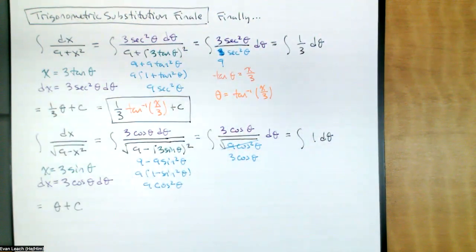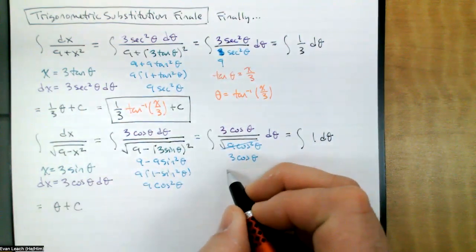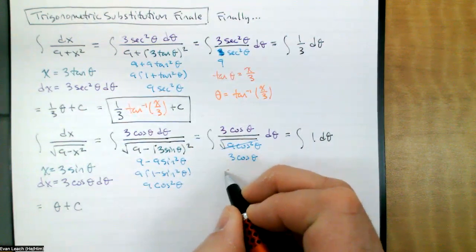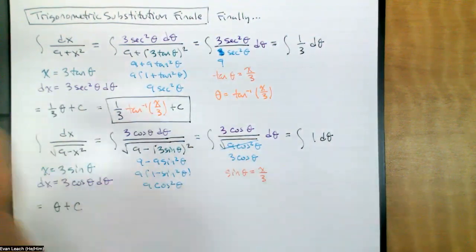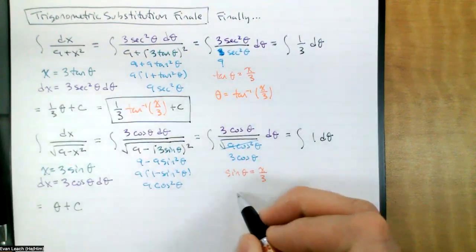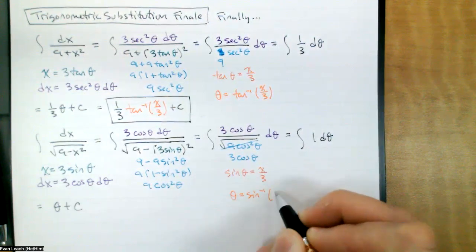This is easy to integrate. We end up with theta plus c. Now we're at our theta antiderivative. We need to go to our x antiderivative by doing the unsubstitution. If x is 3 sine theta, then sine theta is x over 3, and theta is sine inverse of x over 3.